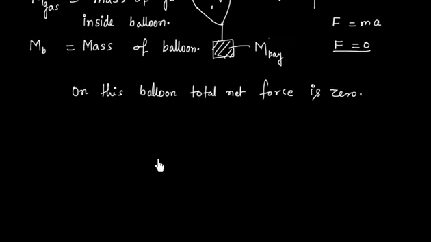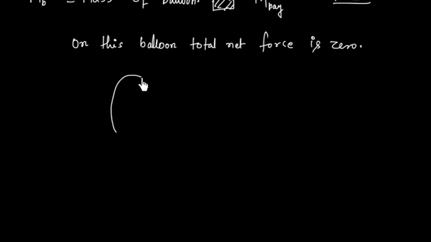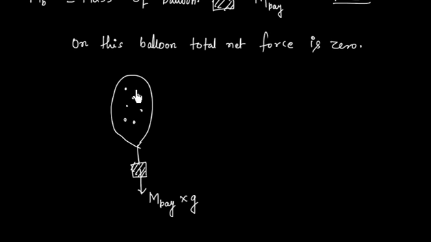Let us try to make the free body diagram. So we have the balloon and this mass is here. So what are the forces that are acting? One force that is acting, payload times g. Another force that is acting is due to the mass of gas.